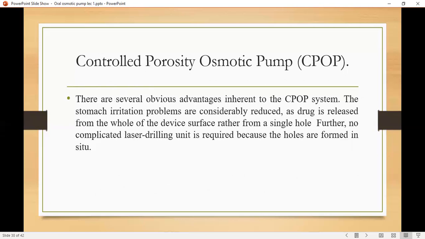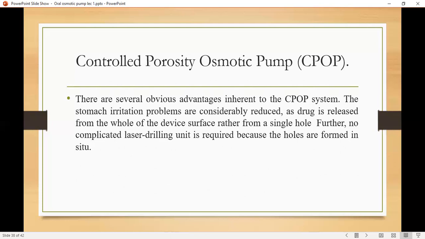There are several obvious advantages inherent to the CPOP system. The stomach irritation problems are considerably reduced as drug is released from the whole of the device surface rather than from a single hole. Further, no complicated laser drilling unit is required because the holes are formed in situ.